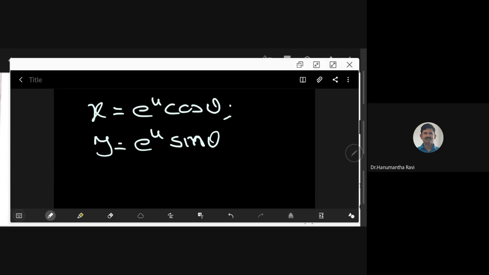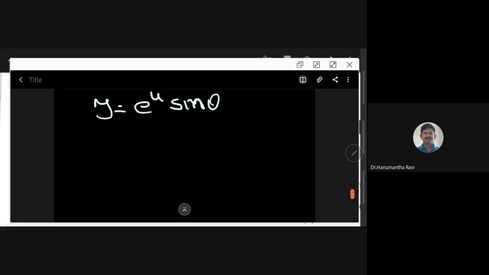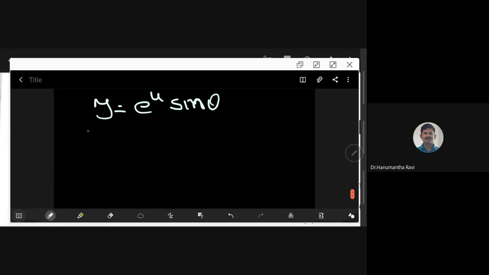This is given. Then we are asked to compute the Jacobian of xy with respect to uv. What is the formula?